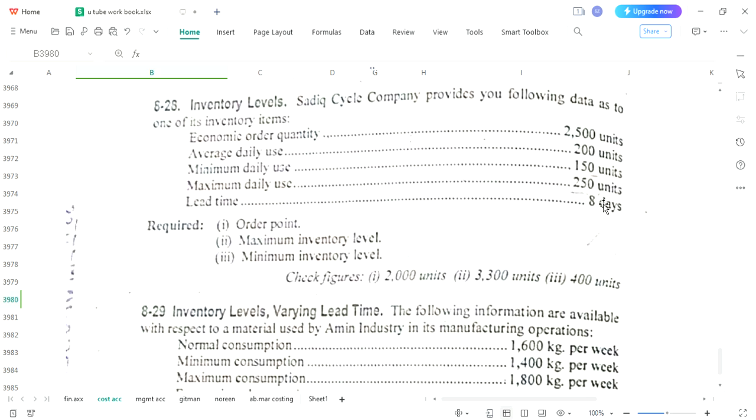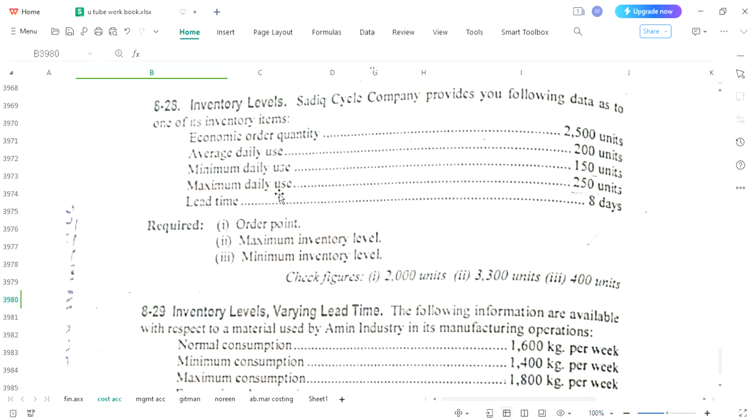Another important thing is that time and requirement should be matched with each other. Look here, time is given in days. Please focus. Time is given in days, and maximum, minimum, and average are also given on a daily basis. Let's say the lead time was given as 8 months, and here it was written maximum daily usage.